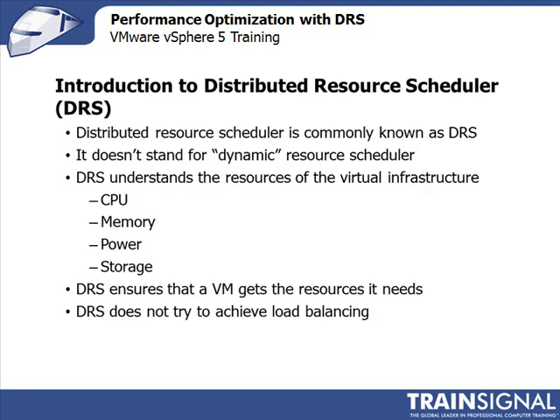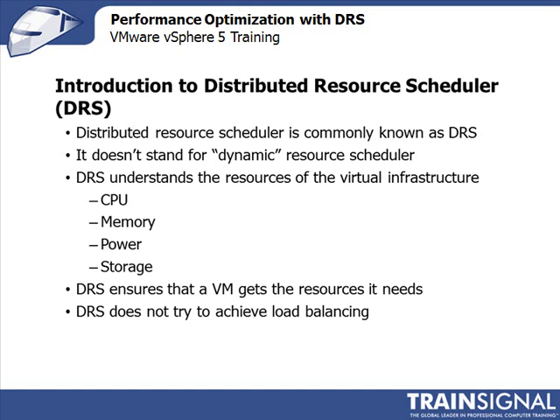VMware's DRS, or Distributed Resource Scheduler, doesn't actually stand for Dynamic Resource Scheduler. It stands for Distributed Resource Scheduler, and DRS understands the resources of the virtual infrastructure. That's its job. It knows about CPU, memory, power, and storage utilization. DRS ensures that a virtual machine gets the resources that it needs. So it's not load balancing.